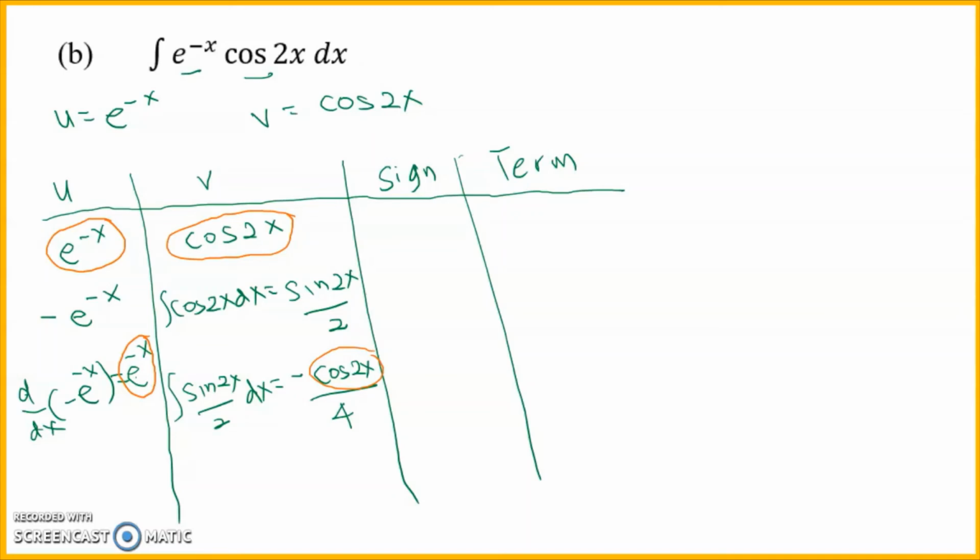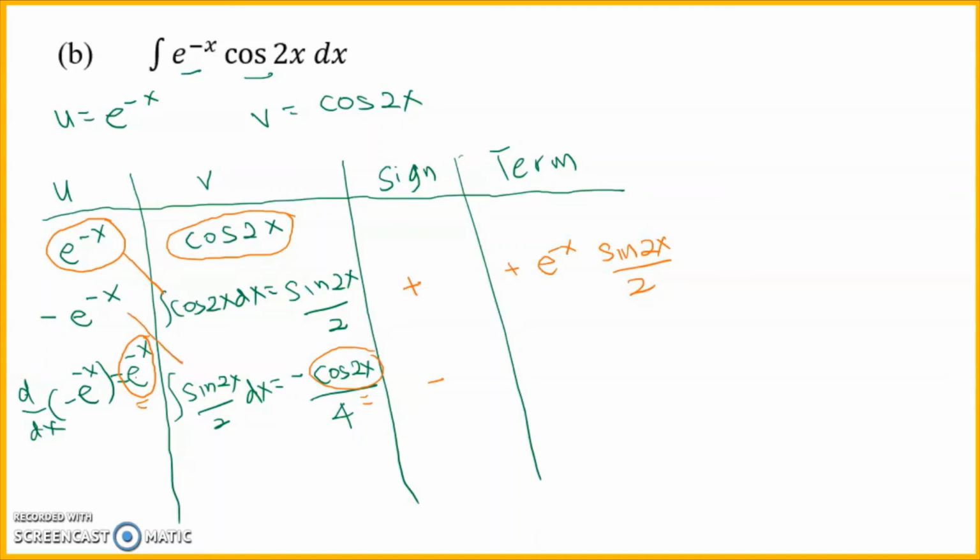We just stop when both the derivative and integration columns have the same terms as u and v, without considering the plus or minus signs and the constants which multiply the functions. So now we can continue. The first one is left blank and then plus, minus; if we have some more, we just alternate the sign. So take this times this, I have plus e to the negative x sine 2x over 2.